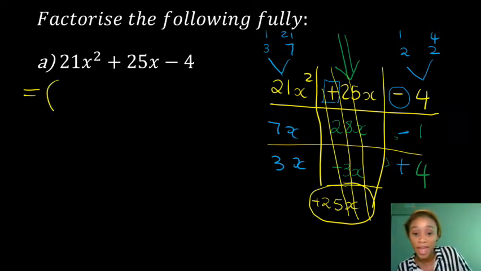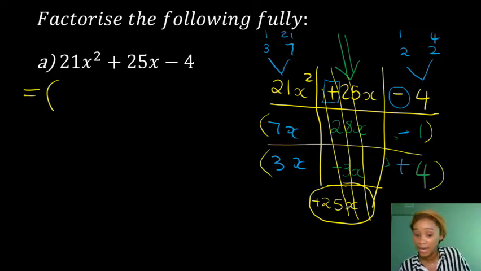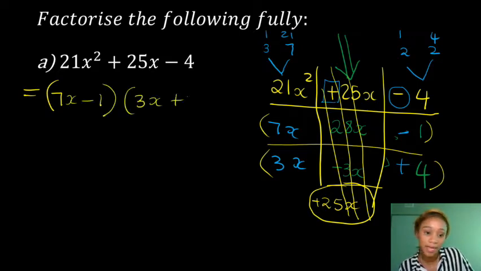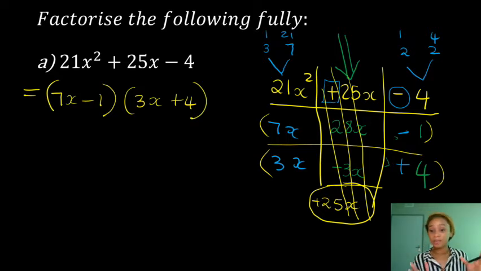Now we move on and just put in the brackets. I'm just going to put the brackets in a line, as you can see what I've done here. So I have 7x minus 1 for the first bracket, and then I have 3x plus 4. What I like about this method is that once I've done it, I can take the bracket straight from this diagram and copy it exactly as it is.